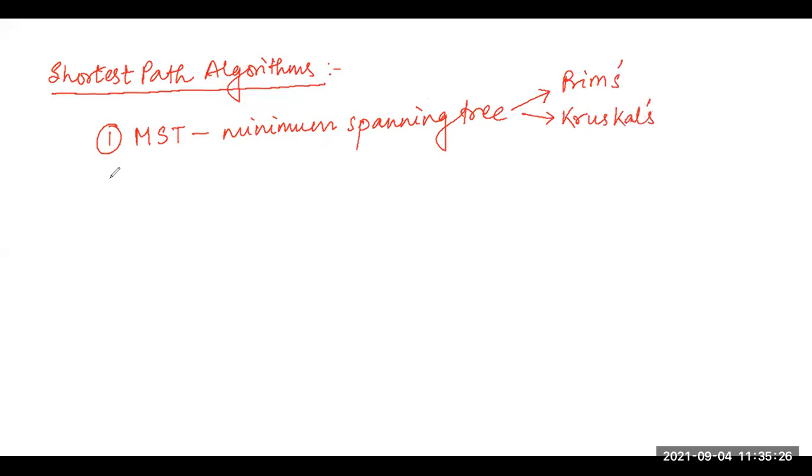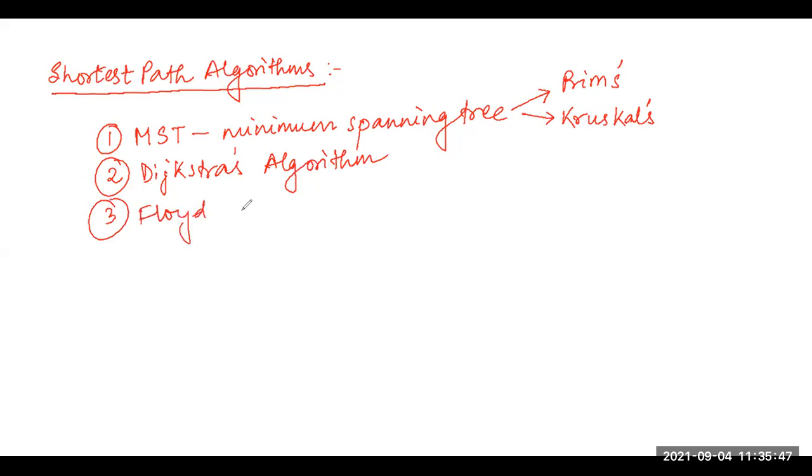Next is Dijkstra's algorithm. And the third one is Warshall, or Floyd-Warshall, whatever you may call it. So these three are the majority types of algorithms through which we find the shortest paths between any vertices of a given graph.